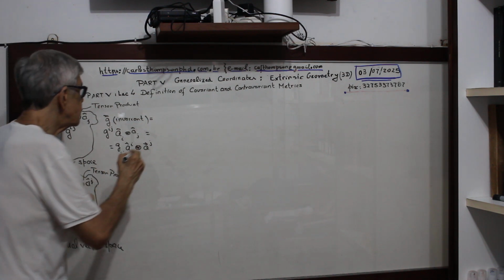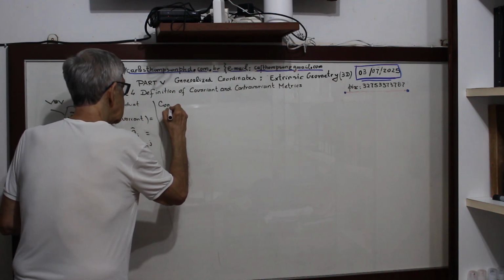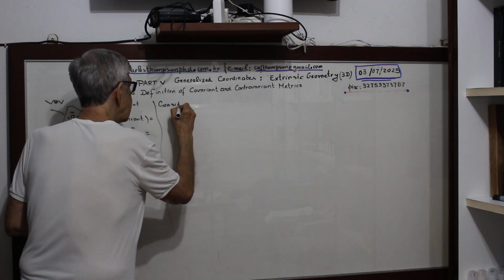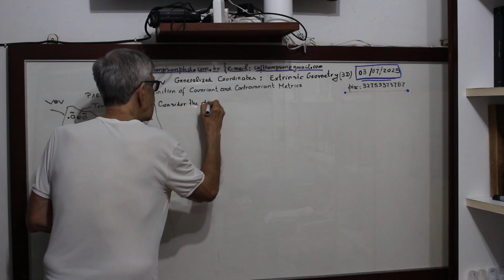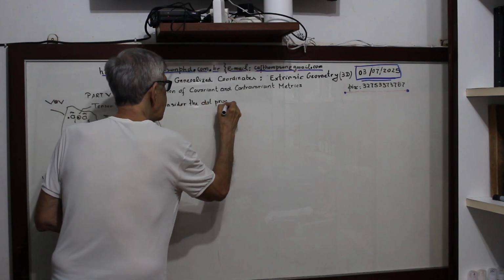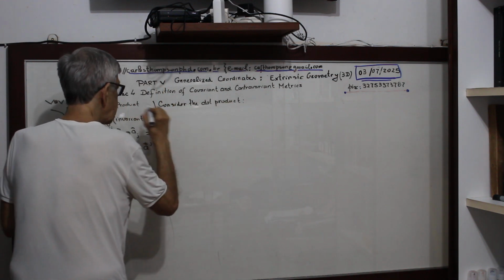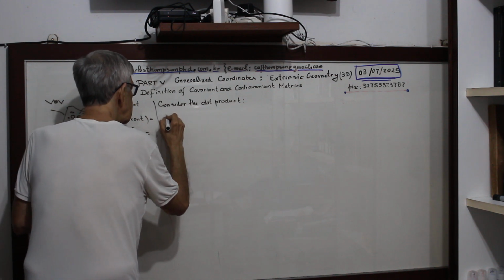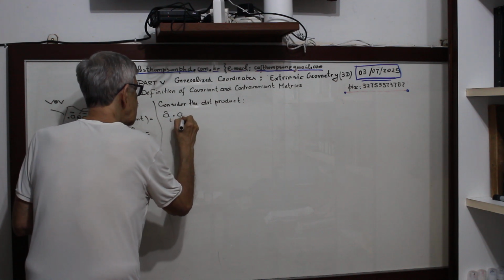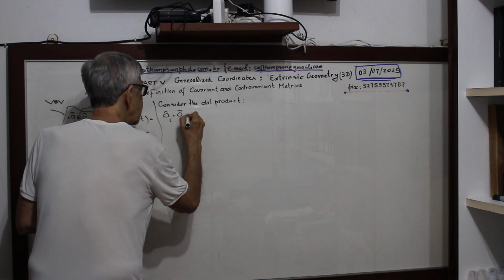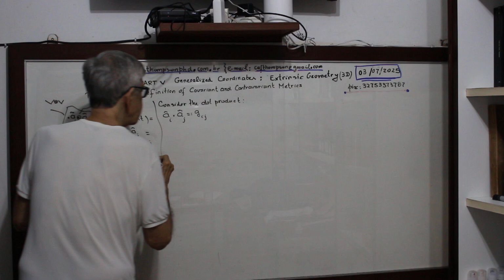Now, let's consider the dot product. You see, a_i dot a_j is equal, by definition, G_ij.